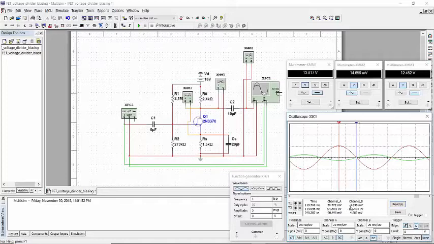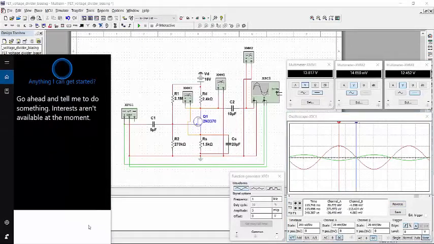So it has been amplified from 4 millivolt to 20 millivolt. Now we need to measure the gain of the circuit. For measuring gain, we need the ratio of output voltage to input voltage. So let's calculate the gain.